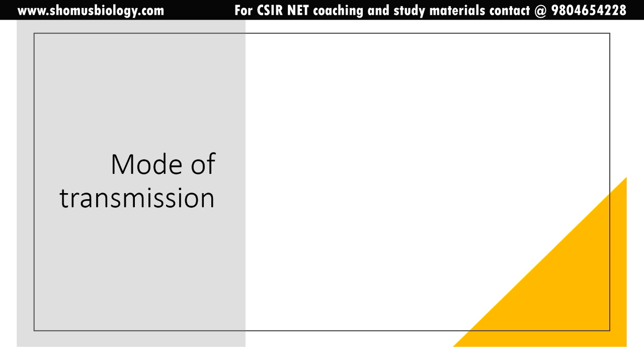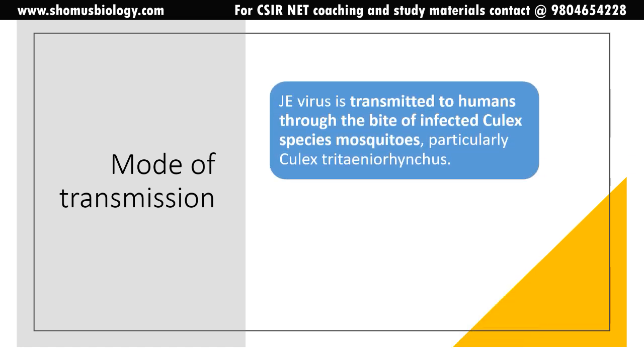What is the mode of transmission? Japanese encephalitis virus is transmitted to humans through the bite of an infected Culex species mosquito. We know there are different kinds of mosquito species: Anopheles, Aedes, Culex. Culex is the mosquito that is linked to being a medium between the different hosts, because Japanese encephalitis virus has multiple hosts.